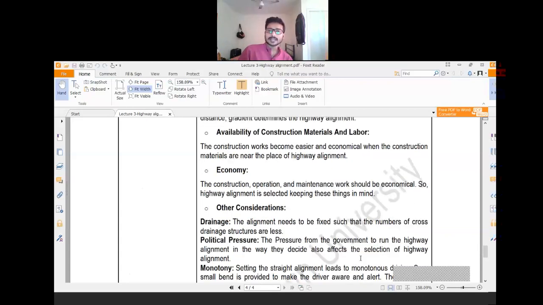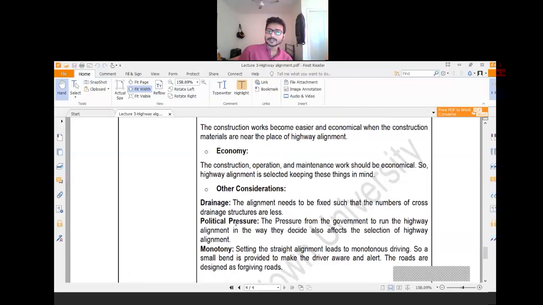Okay. Now there are other considerations. So first one is drainage. Drainage condition means the alignment needs to be fixed such that the number of cross drainage structures is less. Suppose some big stream is there, so if that stream crosses that particular alignment, in that case, you need to construct an additional culvert. Okay, suppose some waterfall is there.